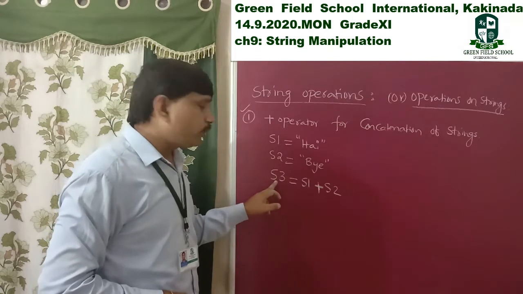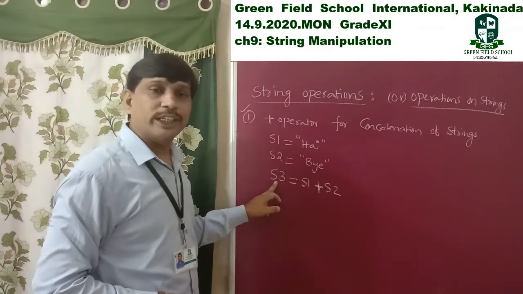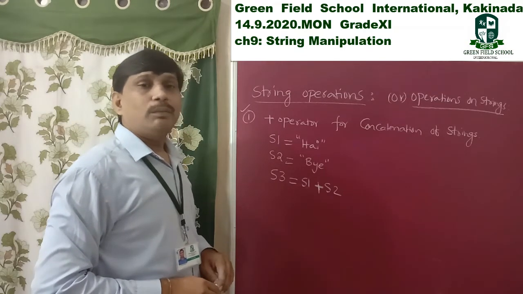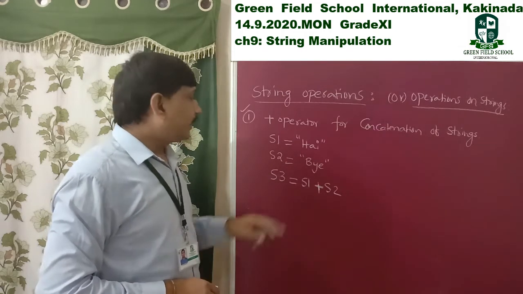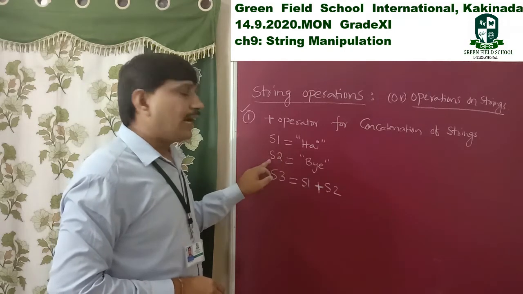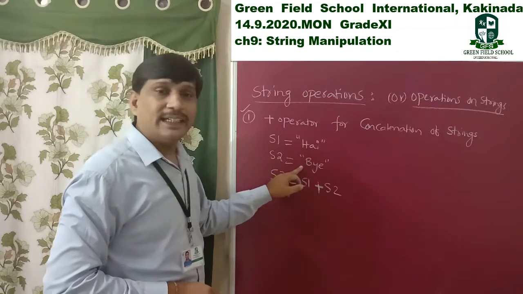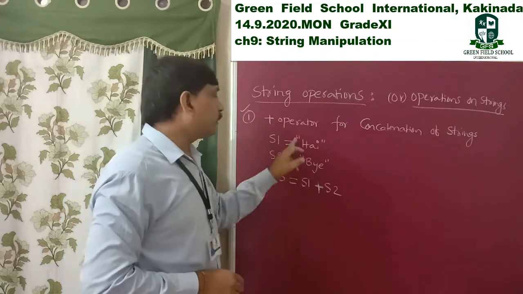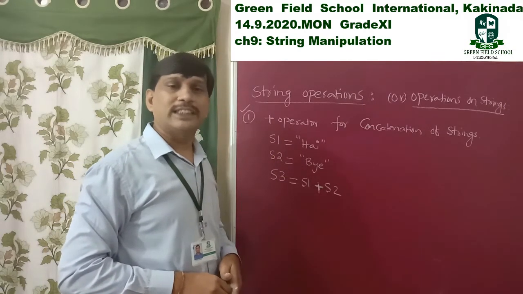I create one more new string S3 because strings are unmodifiable. It does not modify the old strings. These two are joined and it returns one new string, not modifying the previous strings. That's the reason we create one more new string.